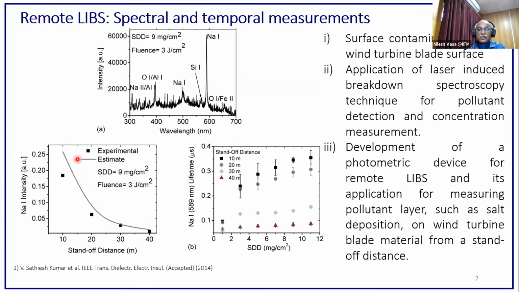We were in a position to collect the optical emissions and correspondingly measure the concentrations at different salt deposit concentrations. So basically we could achieve this remote sensing approach, using a photometric device developed and used in our experimental setup, in order to collect the information from the wind turbine blade.